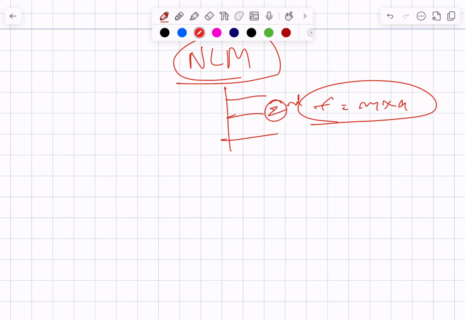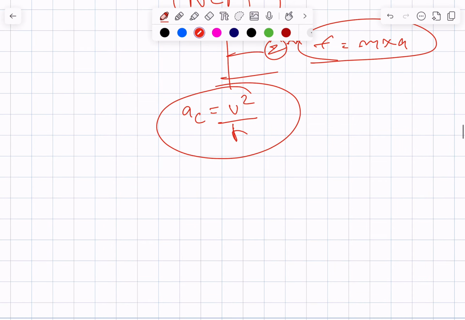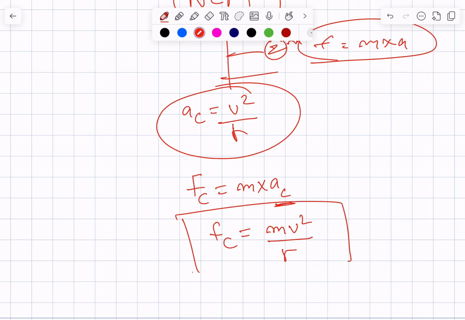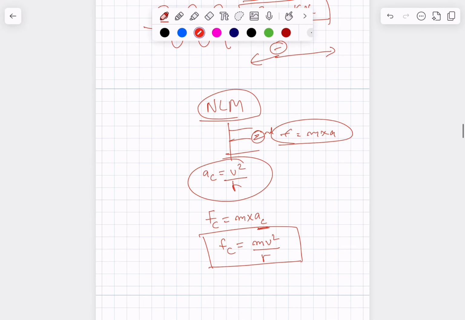In the same way, we know that centripetal acceleration is v square upon r, right? Yesterday we discussed it. So if I talk about the centripetal force, that is Fc, it will be mass into acceleration, and ac is the centripetal acceleration, which is why the centripetal force is written as mv square upon r. This is the important formula we have to remember for centripetal force.